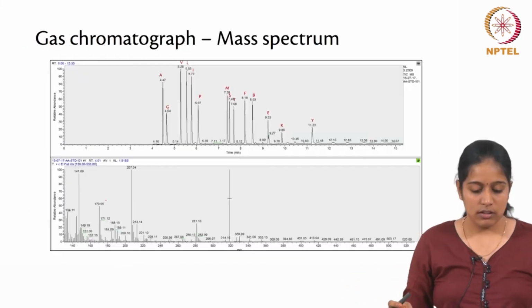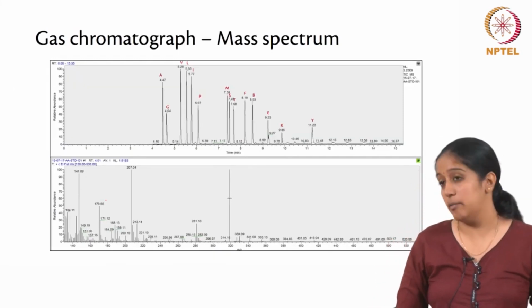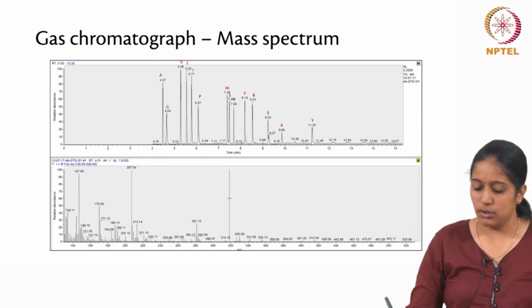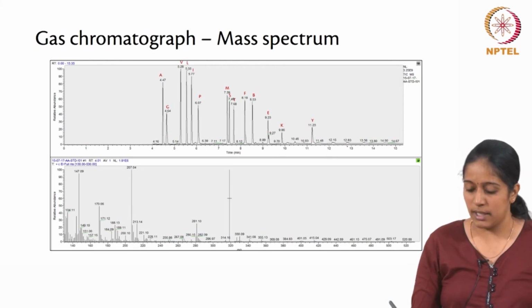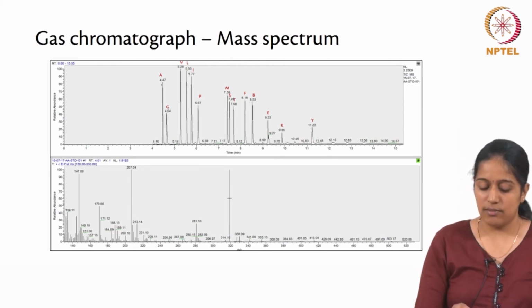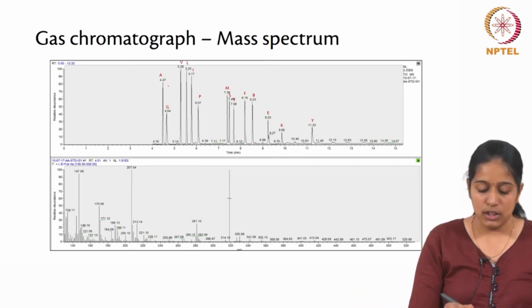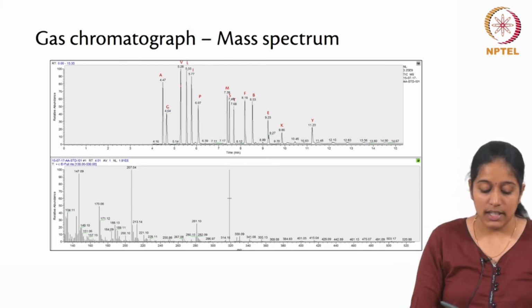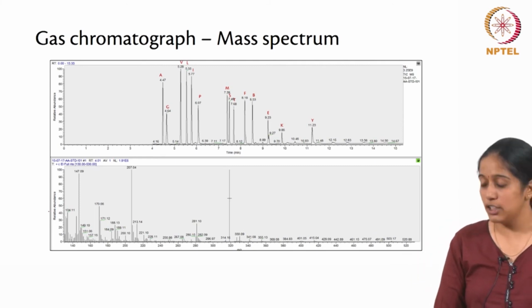This is how a gas chromatograph mass spectrum looks. The top panel shows the retention times of different amino acids, in the order in which every amino acid gets eluted. So, you have alanine, valine, lysine and so on, and in the bottom panel you can find the mass spectrum.